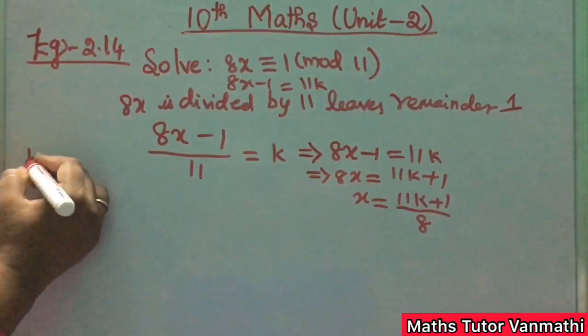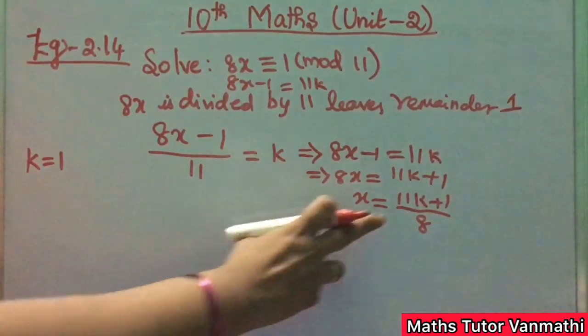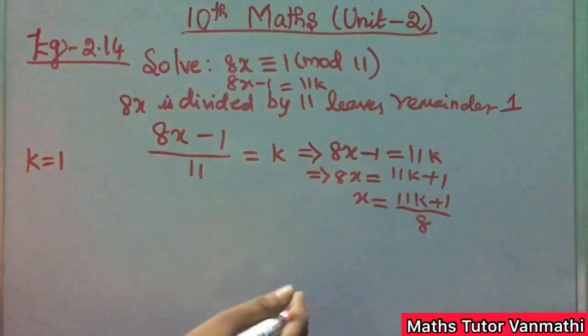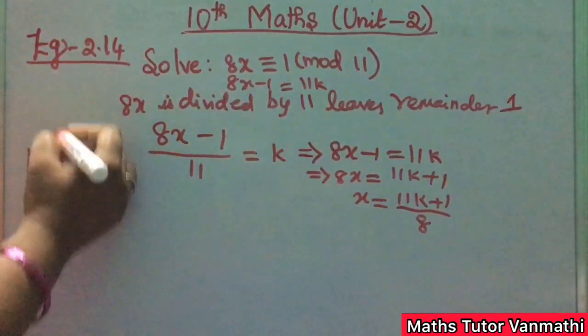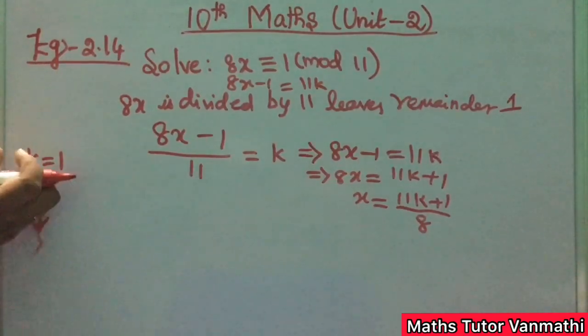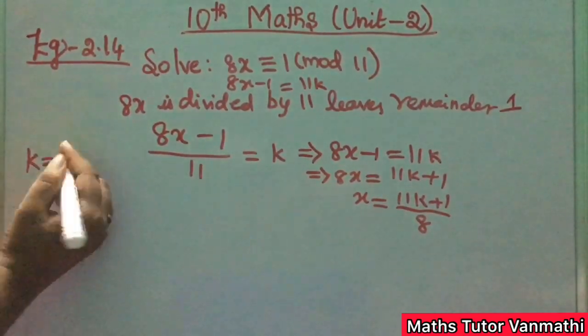Okay, first you put k is equal to 1. What will you get? K is equal to 1 means 11 into 1 plus 1. 11 plus 1, 12. 12 divided by 8. Okay, this will give you a fraction, then this cannot be your answer. Next put 2.